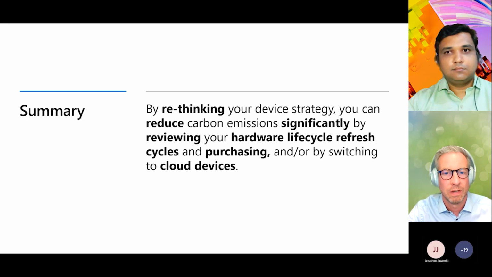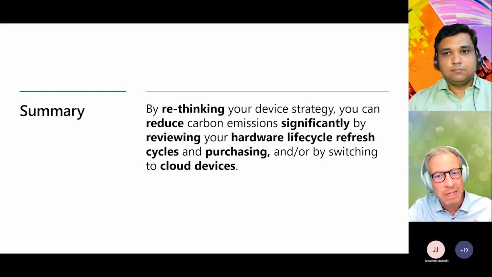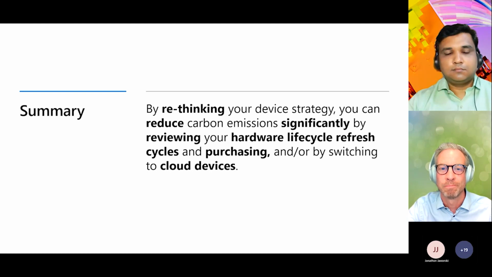If you at the same time extend the hardware refresh life cycle and potentially switch more over to cloud PCs, you will be able to get this down even further and have greater savings on carbon impact. Thinking back to the slide of what just one computer is the equivalent of, just imagine how much you can reduce your carbon impact if you multiply this with the number of computers in your organization.